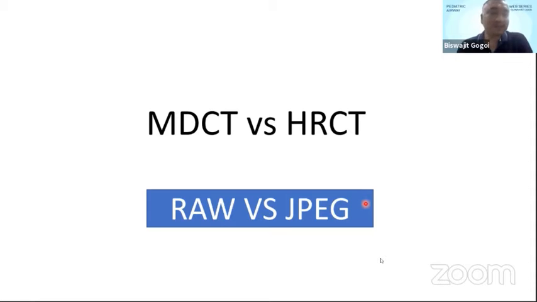SRCT is specifically for interstitial or parenchymal lung disease, while the whole raw image is given by the MDCT. With the help of software, we can go for 3-dimensional, 2-dimensional, all this.